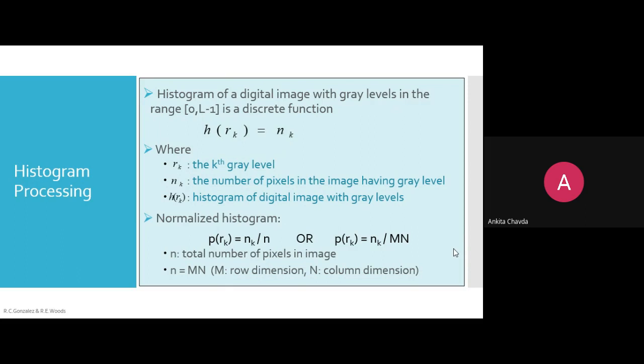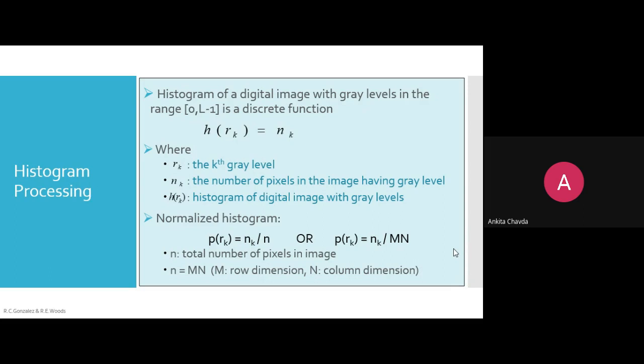The histogram of a digital image with gray levels in the range 0 to L minus 1 is a discrete function. So here h of rk equals nk. This nk means what? The number of pixels at that particular gray level, whether it is r0, r1, r2, r255, right? At the first level, suppose I have so many black pixels. So h of r0 equals 55, suppose.